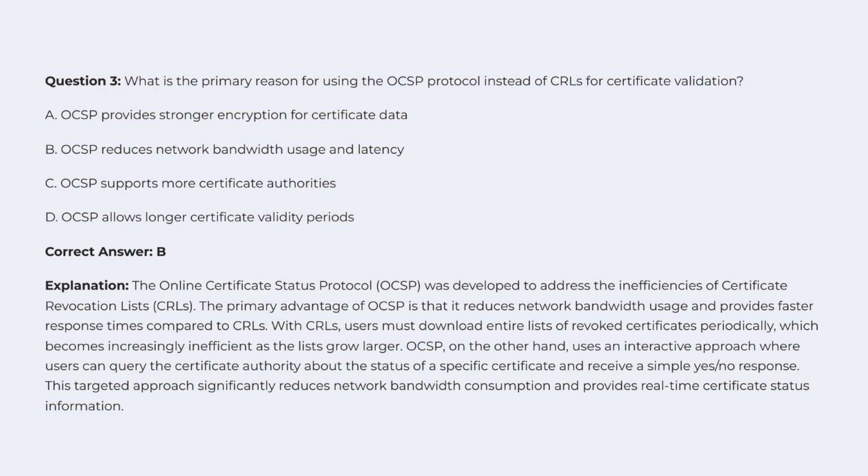With CRLs, users must download entire lists of revoked certificates periodically, which becomes increasingly inefficient as the lists grow larger. OCSP, on the other hand, uses an interactive approach where users can query the certificate authority about the status of a specific certificate and receive a simple yes/no response. This targeted approach significantly reduces network bandwidth consumption and provides real-time certificate status information.